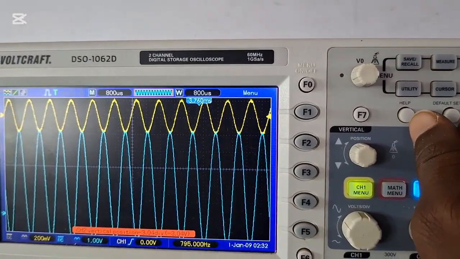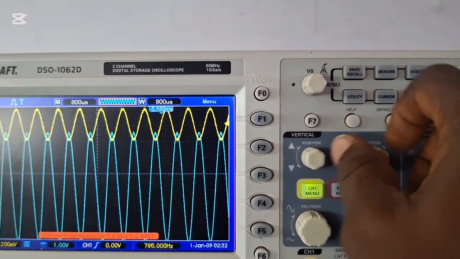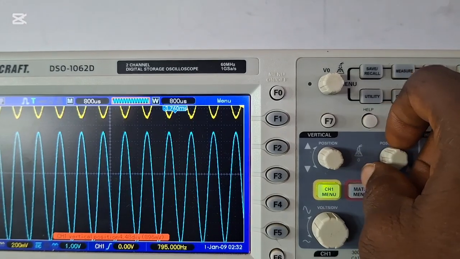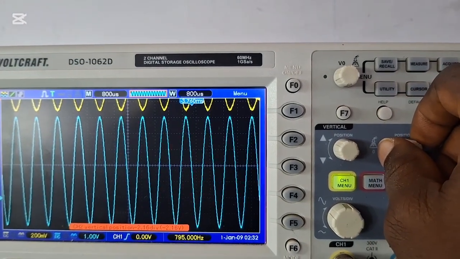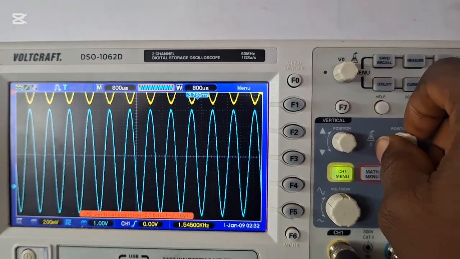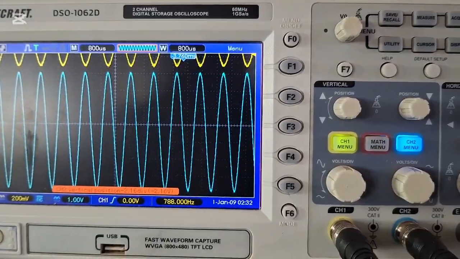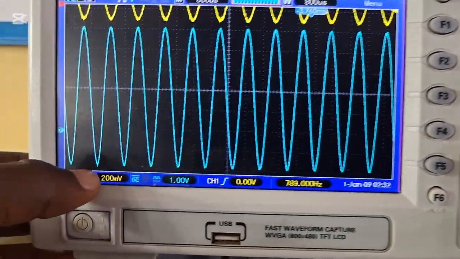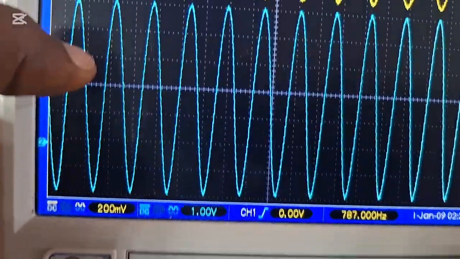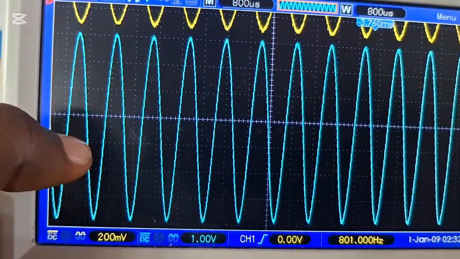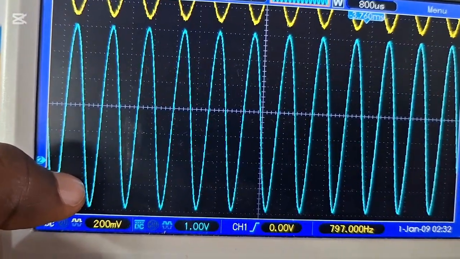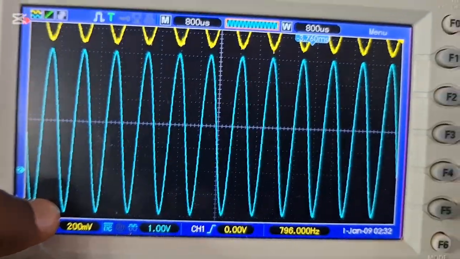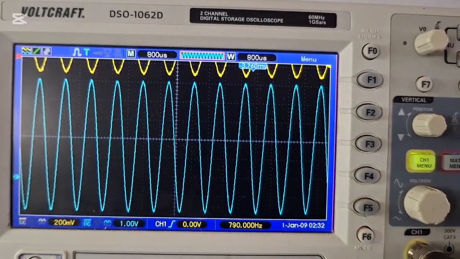The output is so large. Yes, let's see how many divisions the output has covered so far. We have 1, 2, 3, 4, 5, 6, and then 7. Let's see if we can have more.